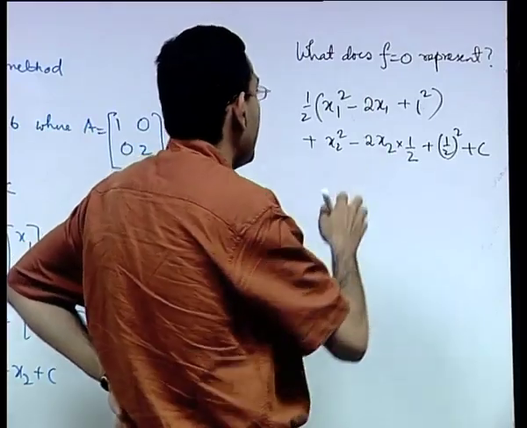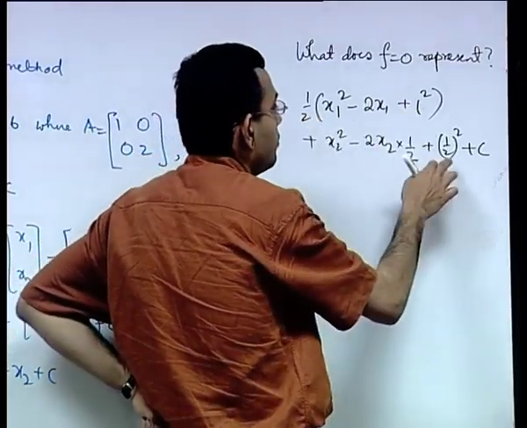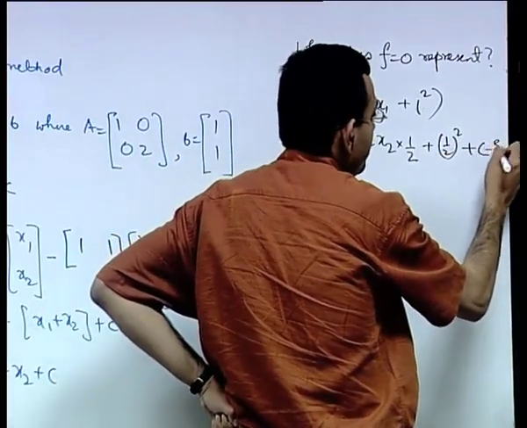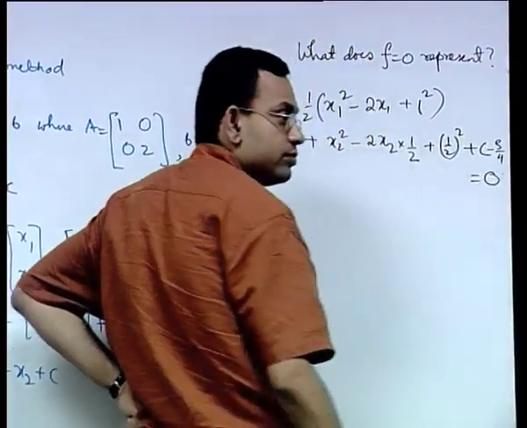Then what we have added extra, half plus 1/4, that is 3/4. So, we subtract 3/4, that is equal to 0.